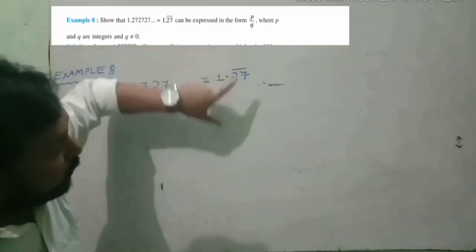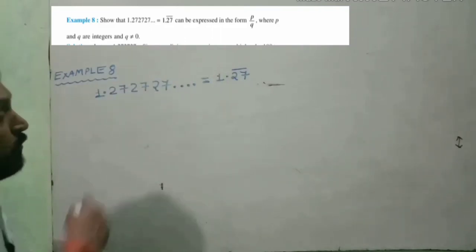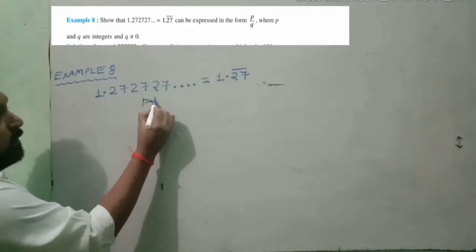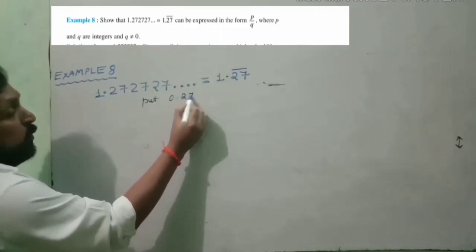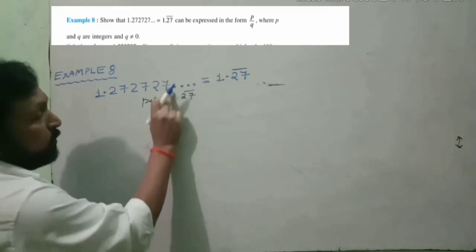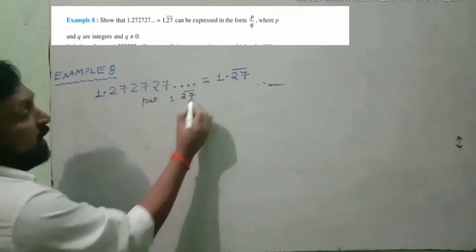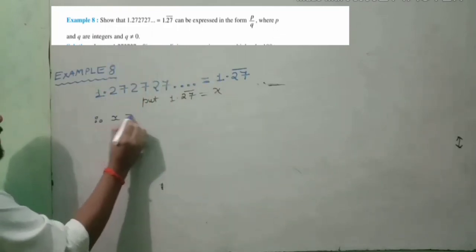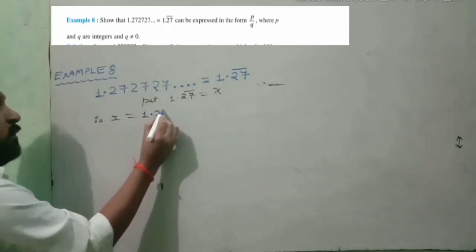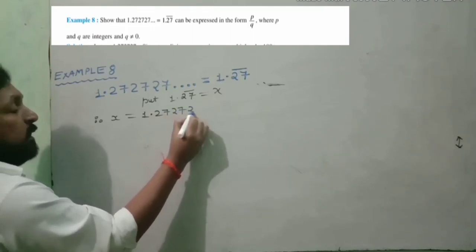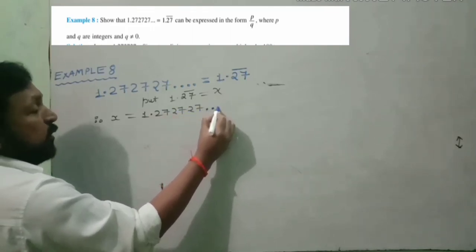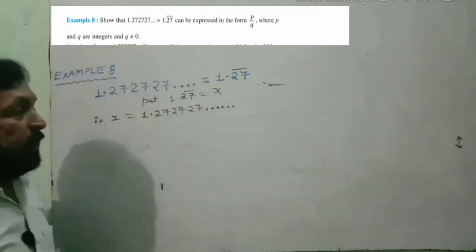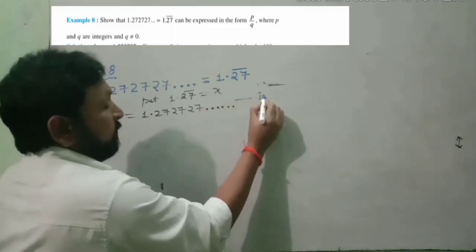This bar is on 2 and 7 both. So first of all, we put 1.27 bar equals x. Therefore, x will be equal to 1.272727 dot dot dot, and we will give it equation number 1.